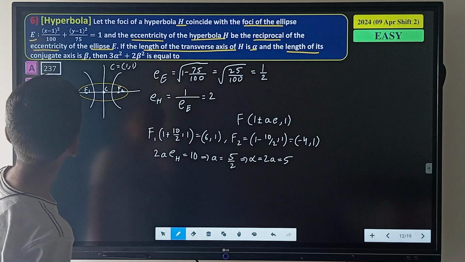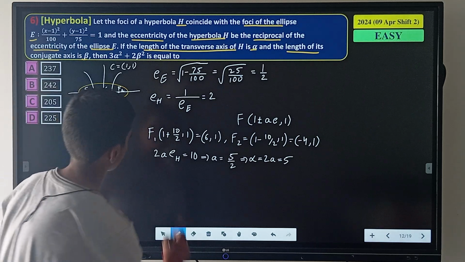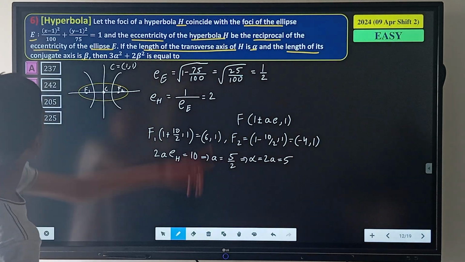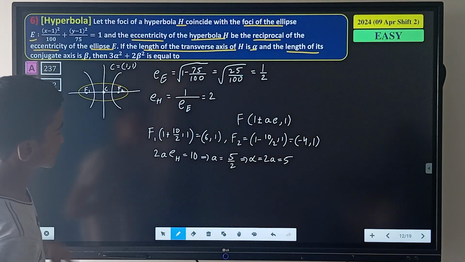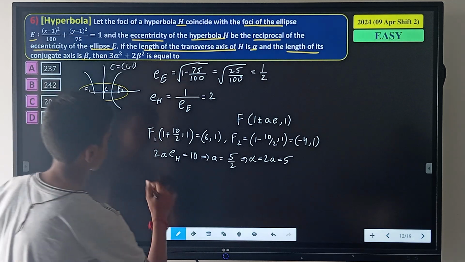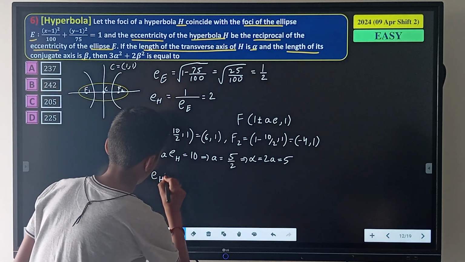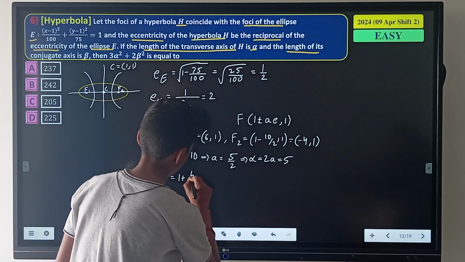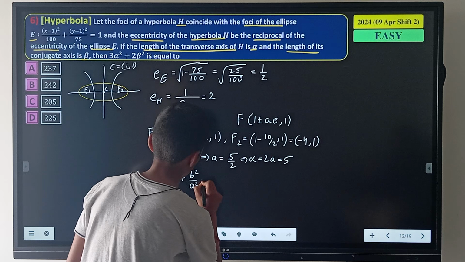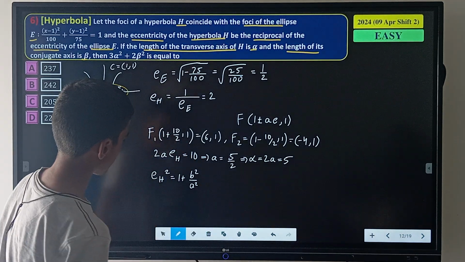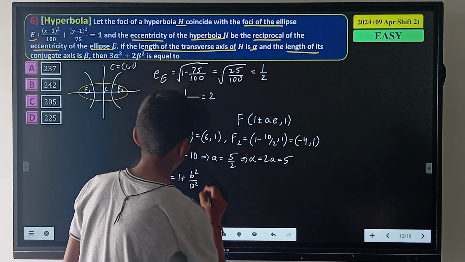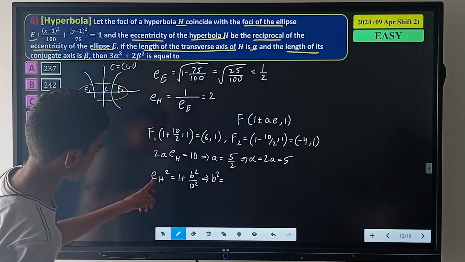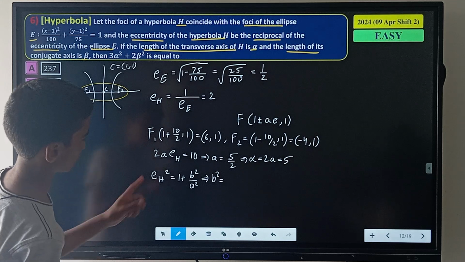Now I need to find the length of the conjugate axis. So I know that my eccentricity of hyperbola square is equal to 1 plus b square upon a square. So from here I will get my b square as equal to 3a square, as eccentricity of hyperbola whole square is equal to 4.